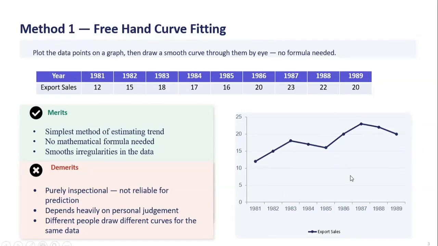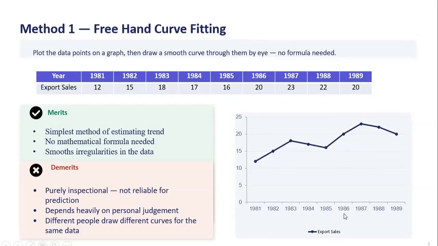After plotting all the points, we draw a smooth freehand curve that passes as closely as possible through the points. This curve helps us understand the overall direction of the data.